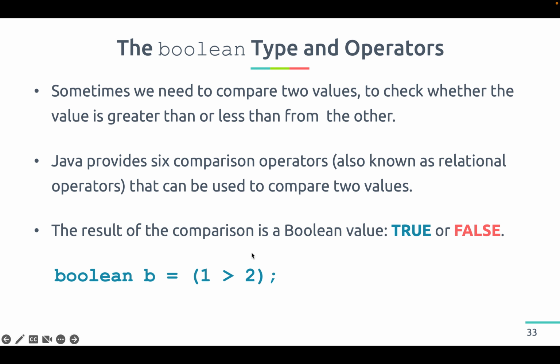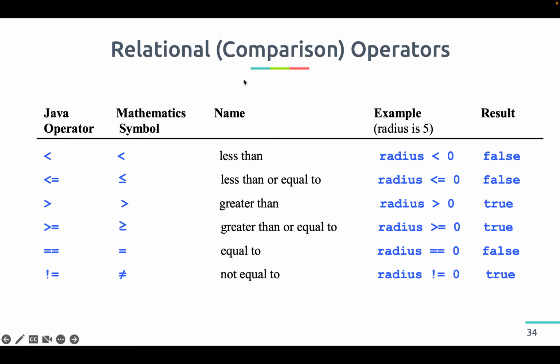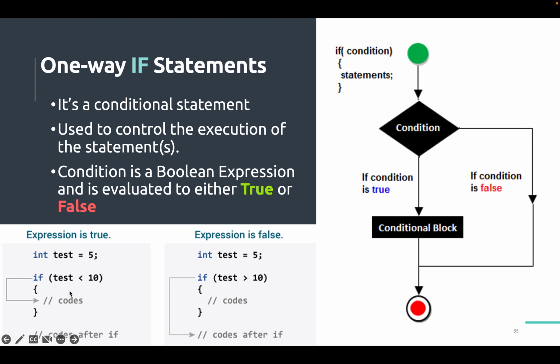The answer will either be true or false. In this case, it is false. So this b of data type boolean is equal to false. And we have 6 relational operators: less than, less than or equal, greater than, greater than or equal to, equal, and not equal. It is very similar to the way we use them in C++.